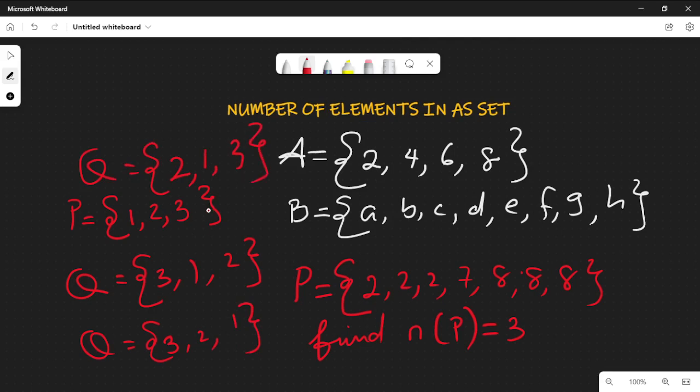Anyhow I want to arrange it, all of these are still P. Are you getting it now? Irrespective of their arrangement. I believe you understand that now.